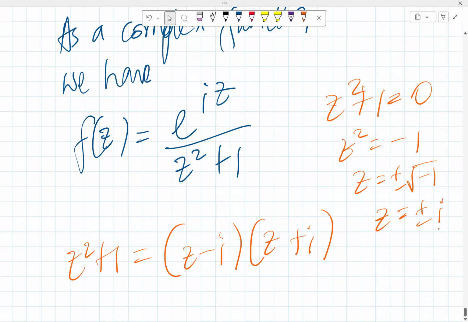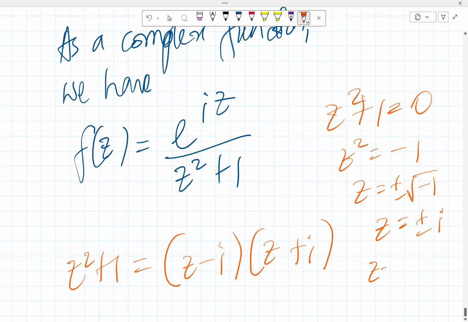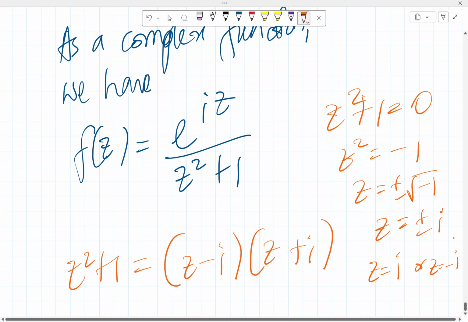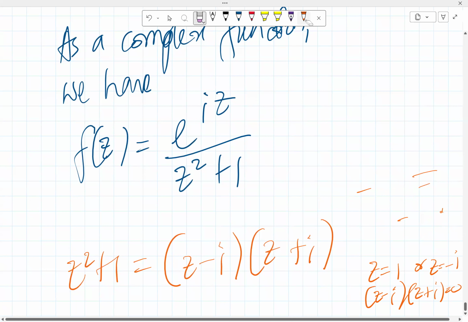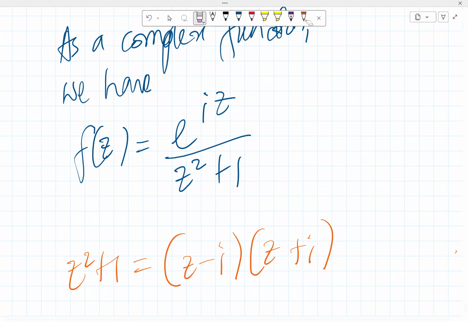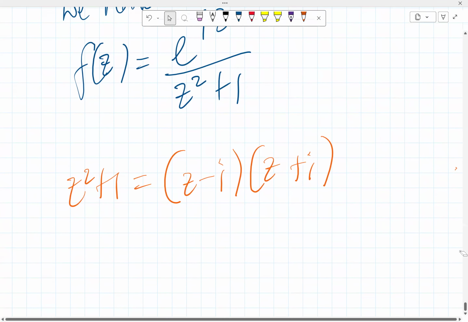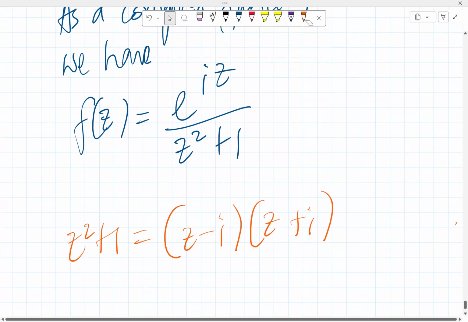And that is why we can say that z is equal to i, or z is equal to minus i. So if you put it together, z minus i into z plus i is equal to 0. So that's how we get to factorize it in that way. So here now we have that z squared plus 1 is z minus i times z plus i.